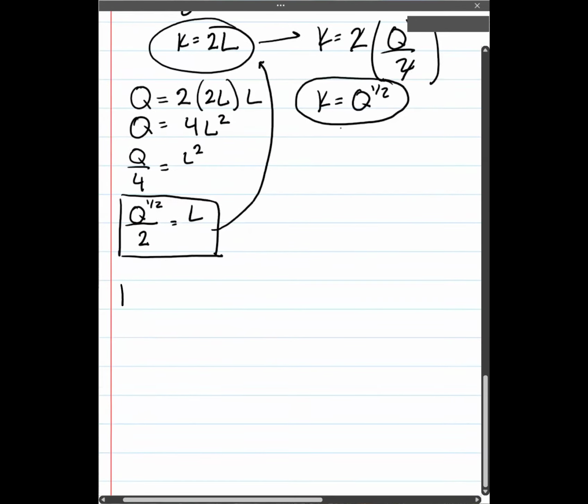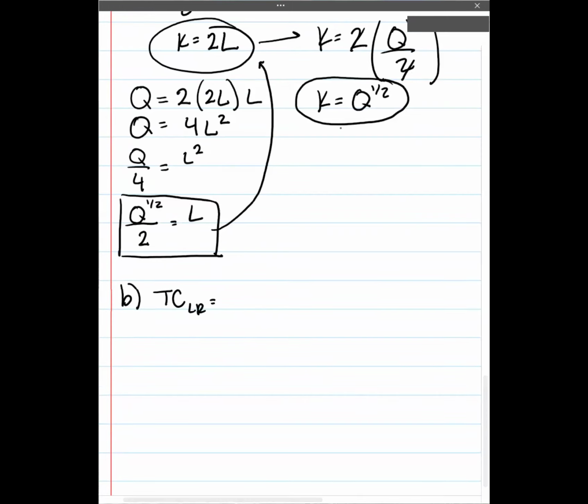Moving on to B, now we're asked to find the firm's total cost in the long run. Again, we're going to use our isocost equation from before. We substitute for rent, which is 100, so we'll have 100 times capital plus the wage, which was 200, times labor.